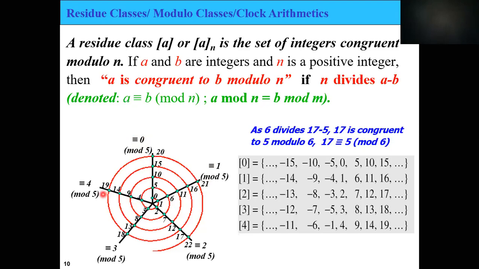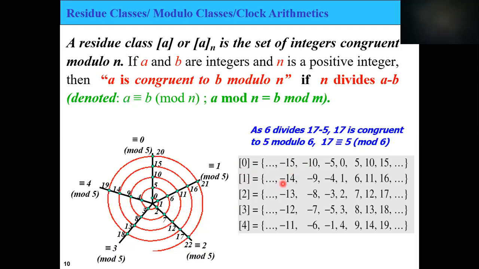These are all those numbers from the set of integers. If you divide them by 5, the remainder is 4. If we divide all these numbers by 5, the remainder is 3. If we divide all these numbers by 5, the remainder will be 2. So in that case, the 0 class under mod 5 is all those elements which are multiples of 5.